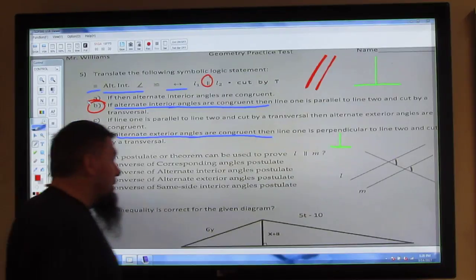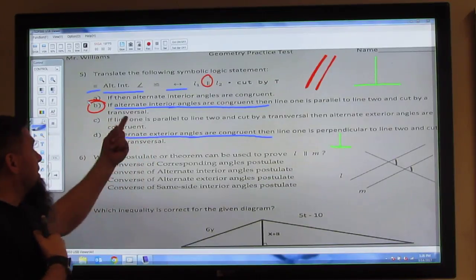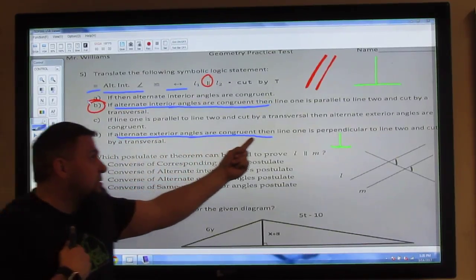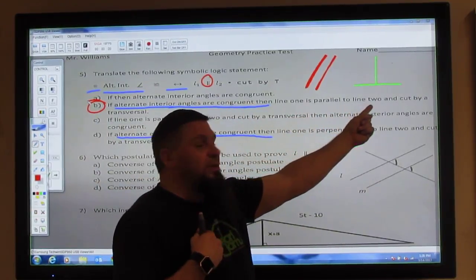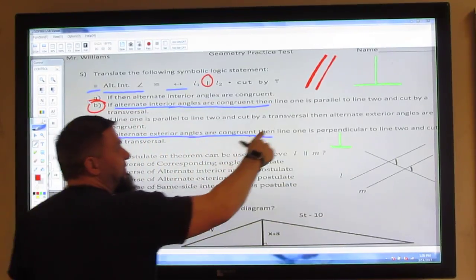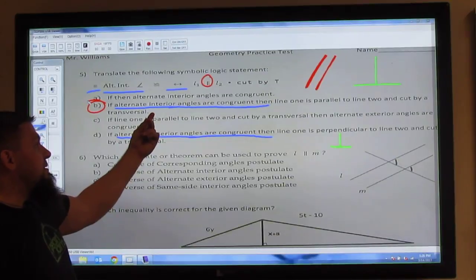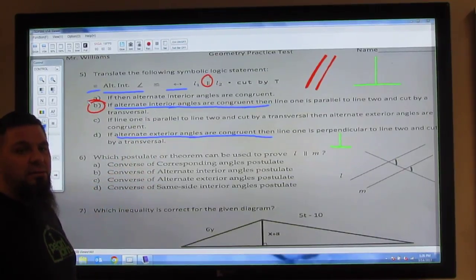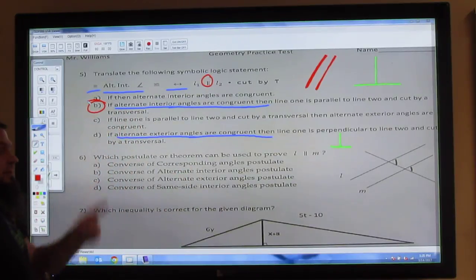So if alternate exterior angles are congruent, then one is parallel to the other. So if the one is parallel, then the lines are congruent. That would be the converse statement of this.